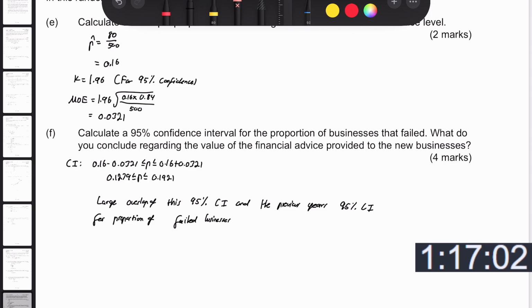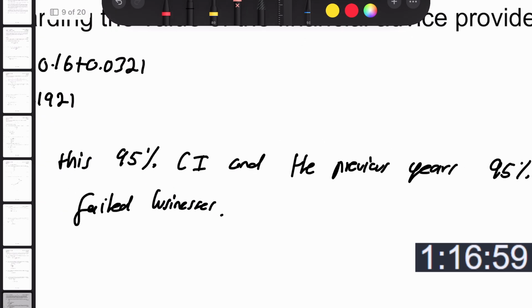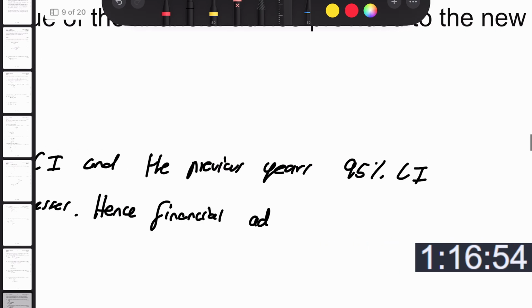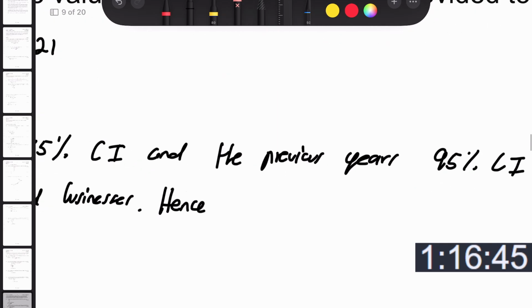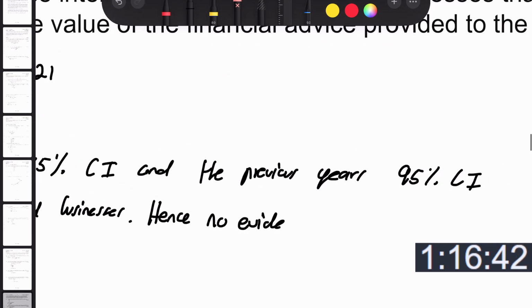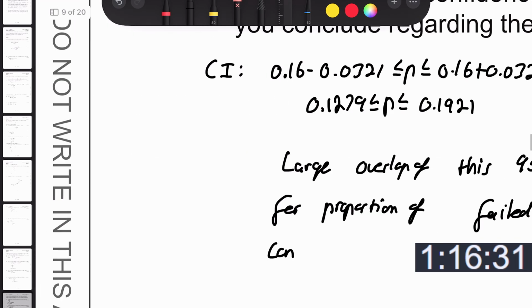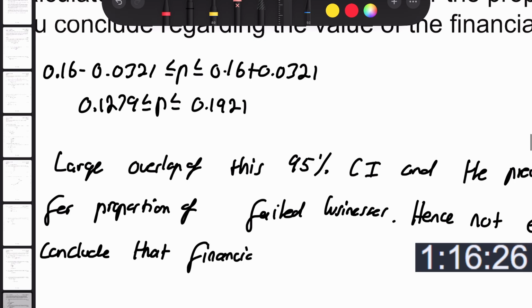Confidence interval for the proportion of failed businesses. Hence, the financial advice was... ooh, wait, hold on. I'm going to say no evidence. I remember this from last time: no evidence, or not enough evidence, to conclude that the financial advice was effective.